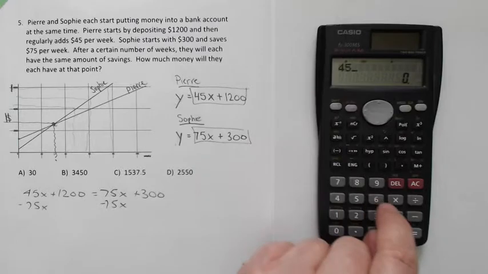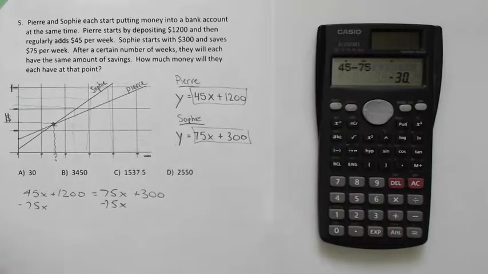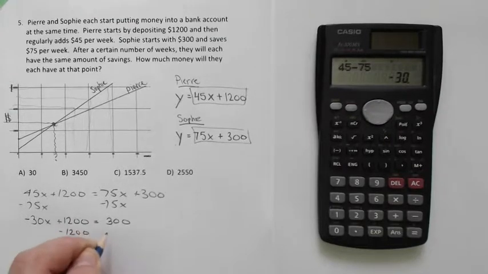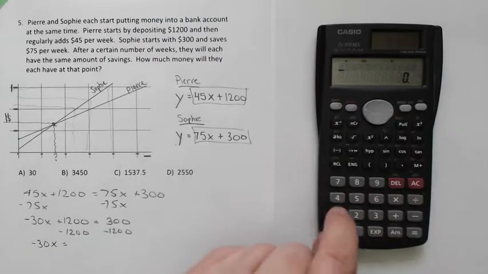So I've got to go 45 minus 75 and get negative 30x plus 1,200 is equal to 300. I'm now going to subtract my 1,200 from both sides. I'm going to get negative 30x is equal to, I believe, negative 900.